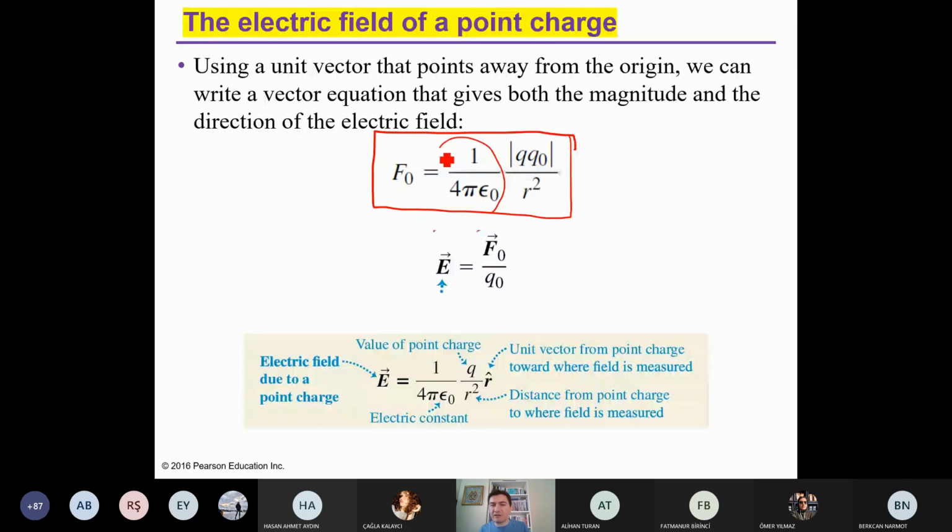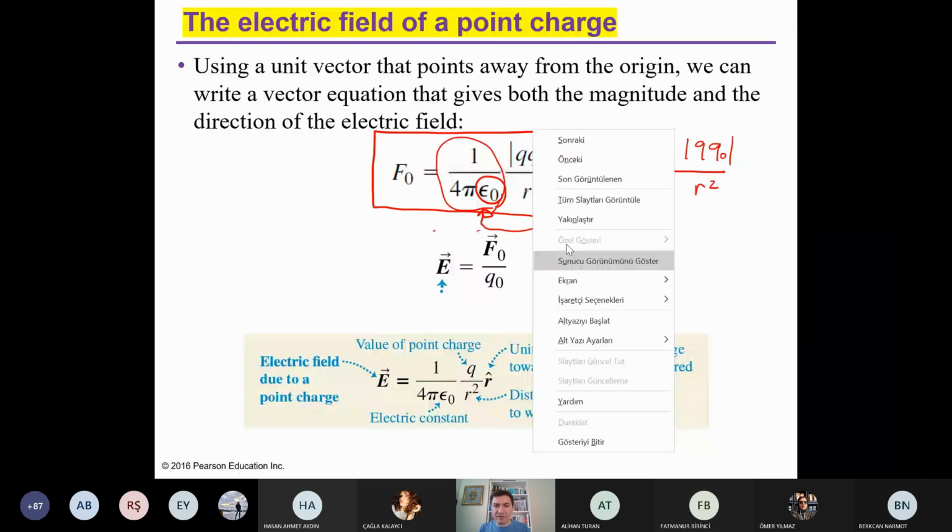And you can also write this one in this form, K times Q times Q0 over R squared, R being the distance in between. This is constant, and it can be written like this, okay? This is electric constant, epsilon 0. So we have already given this information during the last lecture.